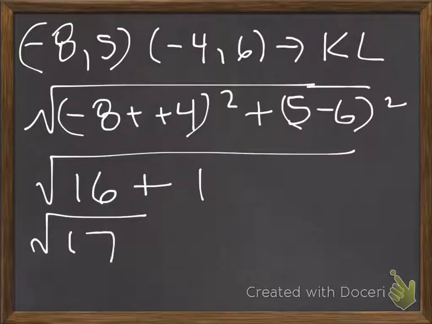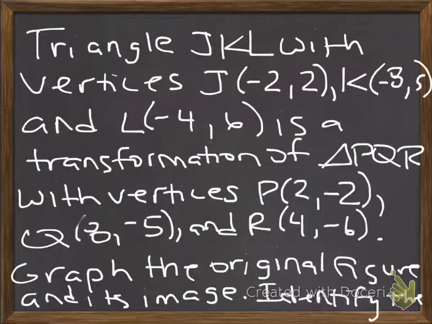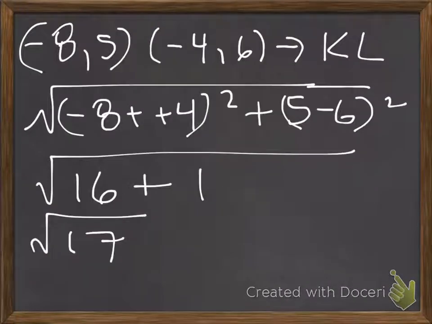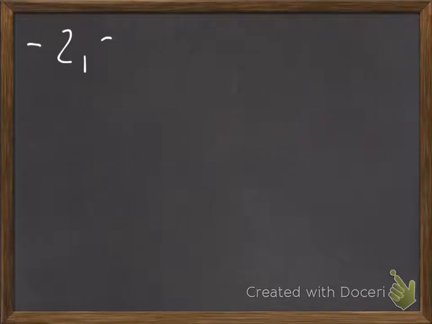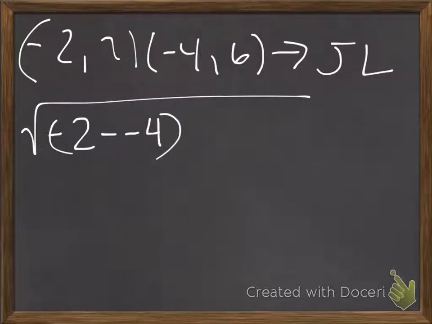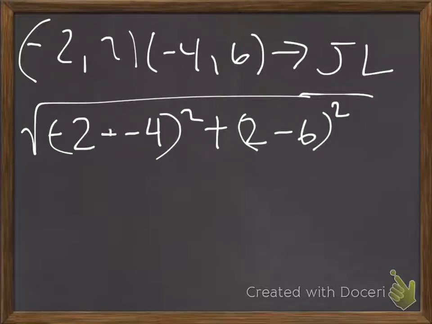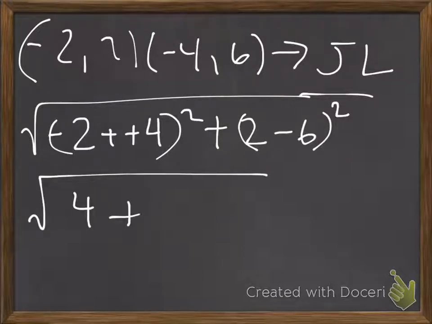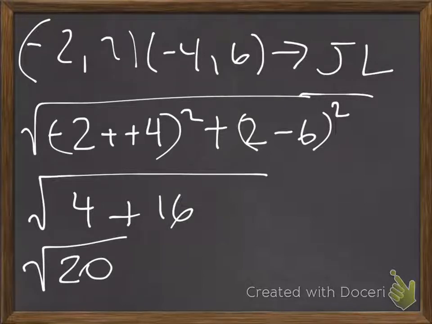So we have the square root of 17. And then one more side for that triangle would be JL, so negative 2, 2 and negative 4, 6. That gives us negative 2 minus negative 4, square that, 2 minus 6, square that. So negative 2 plus 4 is 2. 2 squared is 4. 2 minus 6 is negative 4, so negative 4 squared is 16. So we have the square root of 20.